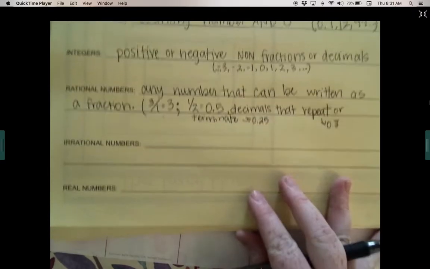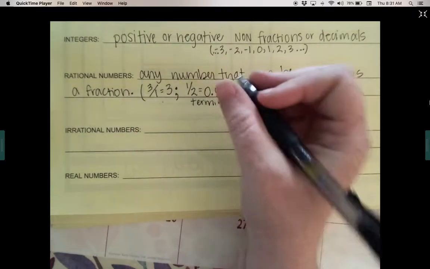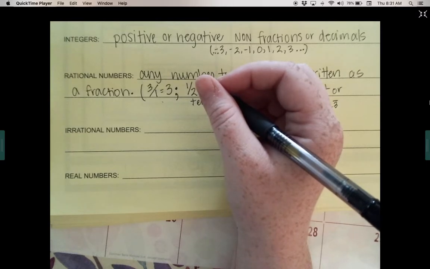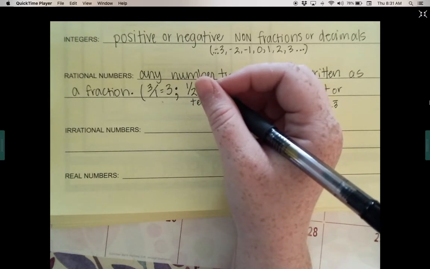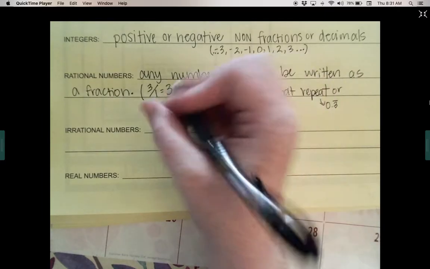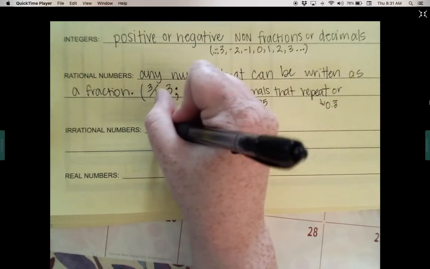All right, and then we have irrational numbers. Irrational numbers are numbers that cannot be expressed as a fraction. Basically, it's a non-repeating, non-terminating decimal. Okay?